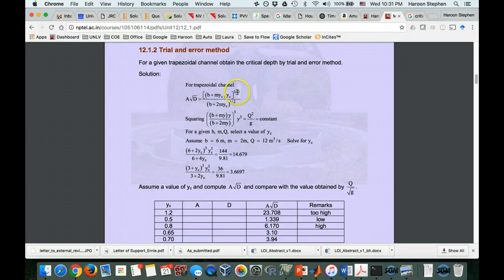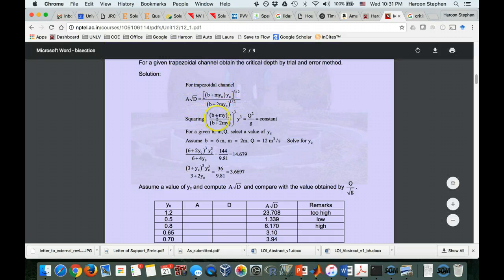So A square root D is computed, and in this case they square it on both sides so that the square root is gone. But at the end, you still get an equation in y. So assuming some values for the variables, when it is plugged in, we get an equation in y that needs to be solved to find y.